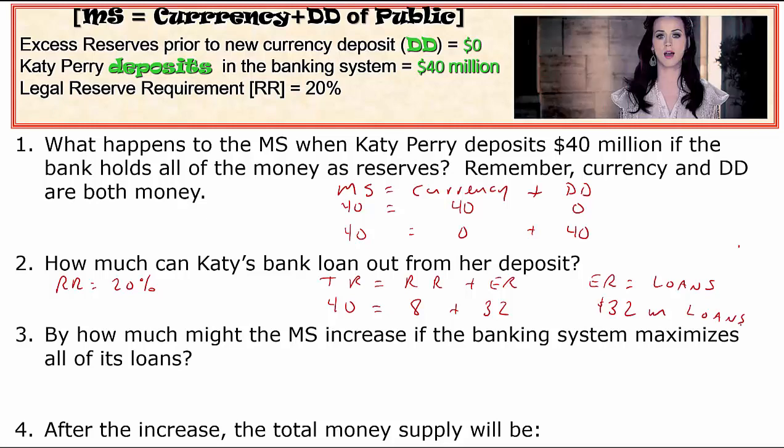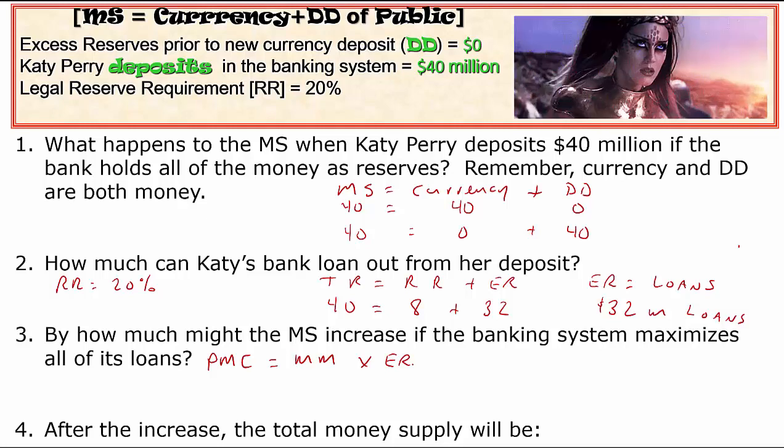Now, that $32 million, as it circulates through the economy and gets redeposited into other banks, has the potential to increase the money supply by a certain amount. PMC is potential money creation. It's found by taking the money multiplier and multiplying by the excess reserves. Our money multiplier is 5. Why?